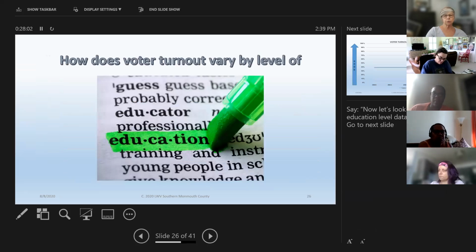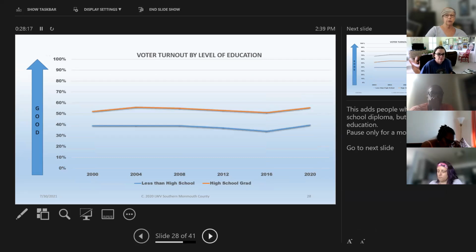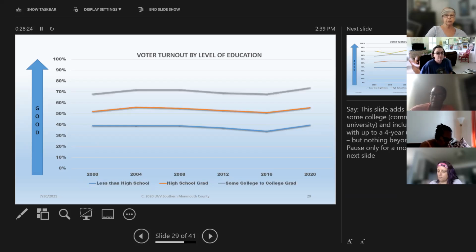Okay, and then the last cohort we're going to look at is by education level. This line represents people with less than a high school or a GED diploma, the turnout. This adds those who are high school graduates, but no further than that. This adds people who have some college or an associate's degree, all the way up to a bachelor's degree, but not beyond.